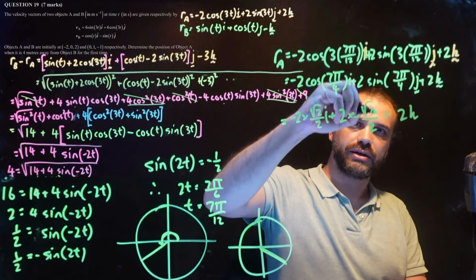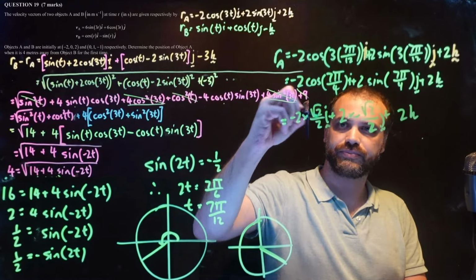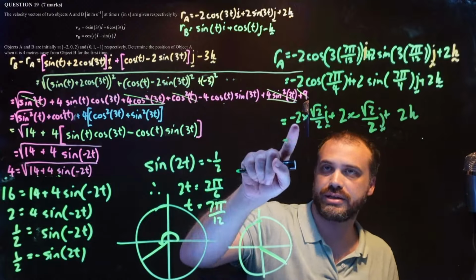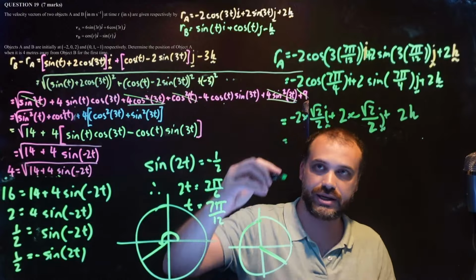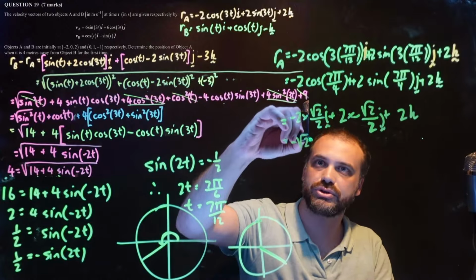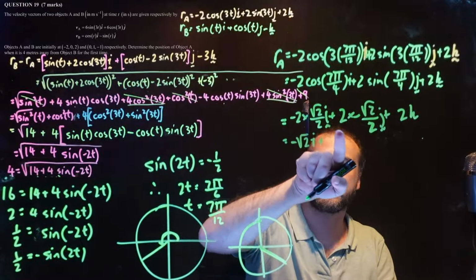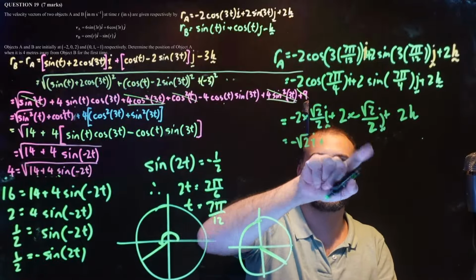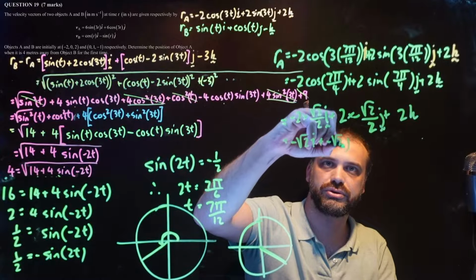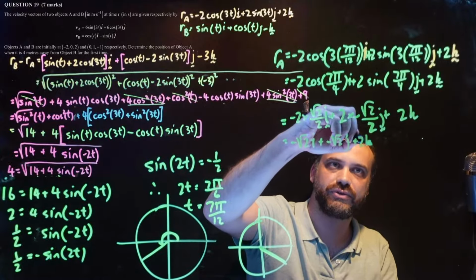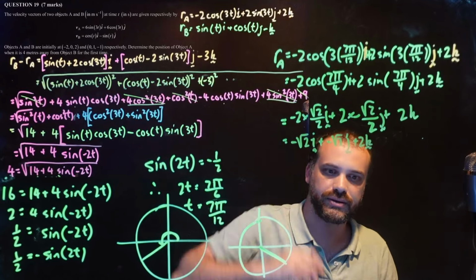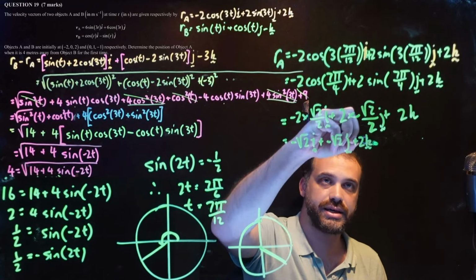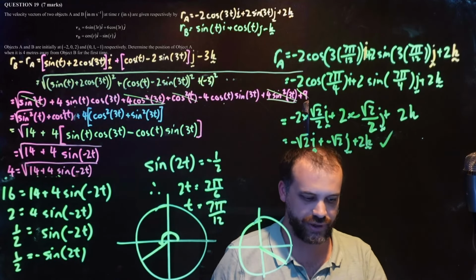That's our j component. You can see this negative 2 and this 2 are going to cancel each other out. We're left with negative root 2 i, plus another negative root 2 j, and this final one, k. That is the position of our object.